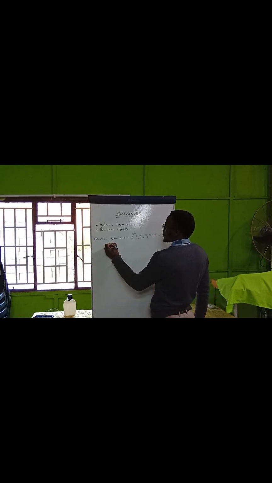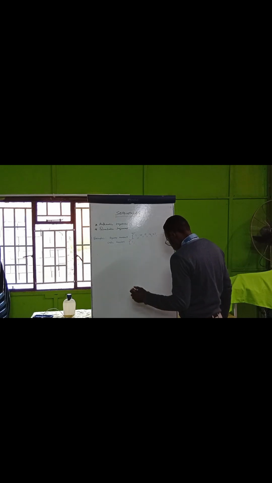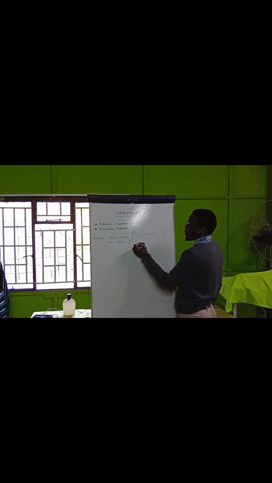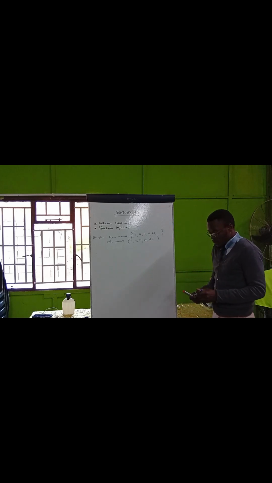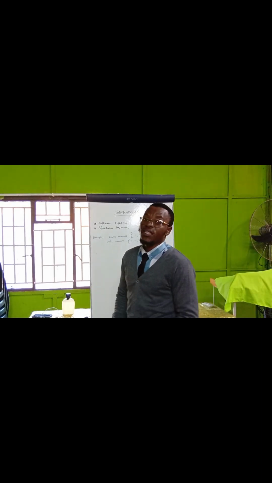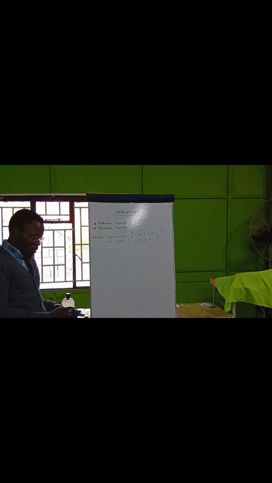And then we can also have a sequence of cubic numbers which also includes 1, 8, 27, 64, 125, and so on, so forth. You also have a sequence of triangular numbers. You also have a sequence of Fibonacci numbers. So there are quite a lot.